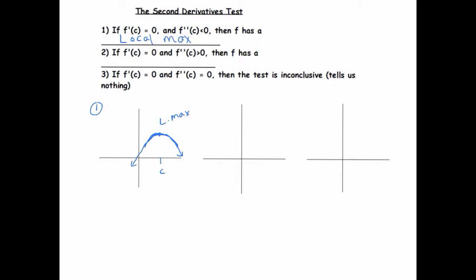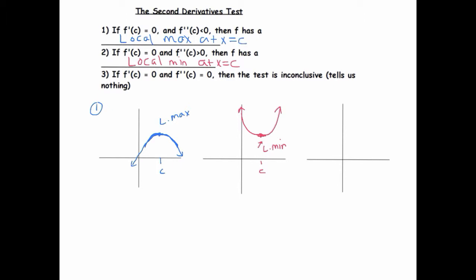On the other hand, if the derivative is 0 at c, and the second derivative at c is positive, that means it's concave up. And that means the graph must look like that, at least around c. And that gives us a local min, happening at x equals c.